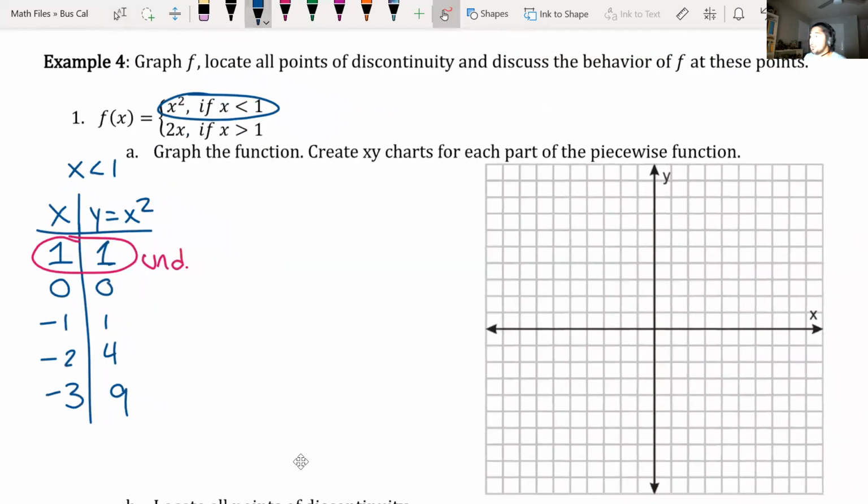So let's actually go ahead and graph this one before we graph the next one. So I'm going to plot the point 1, 1, which since it's undefined, it's going to be what type of circle? Open. There we go. There's 1, 1. And then everything else is closed. You said the 1, 1 was going to be undefined? Yes, because what does my inequality say? x is less than 1.